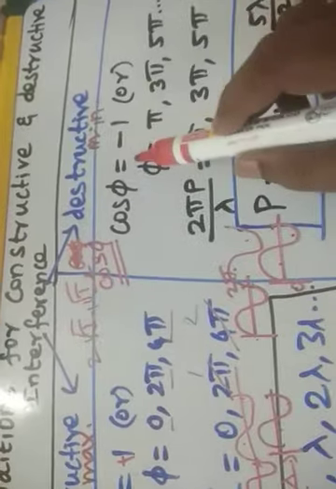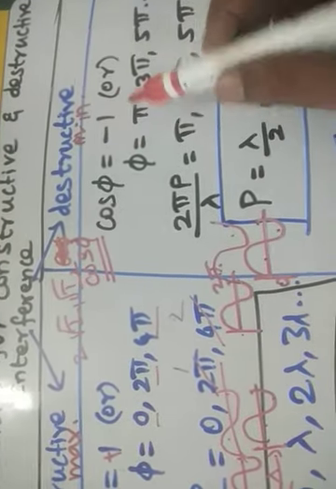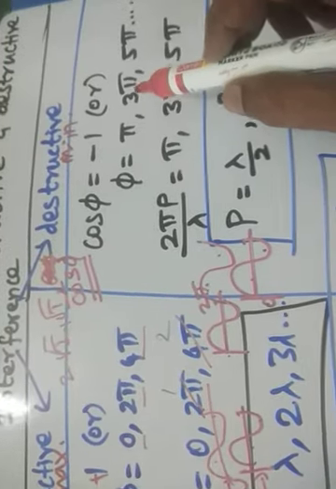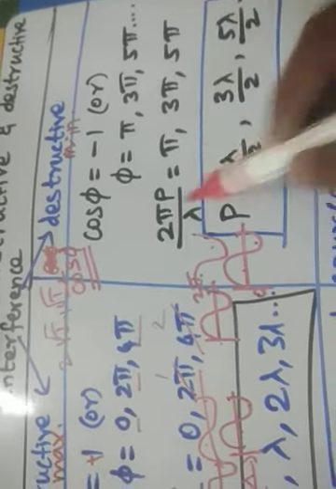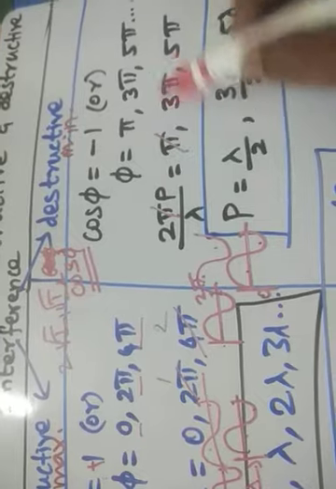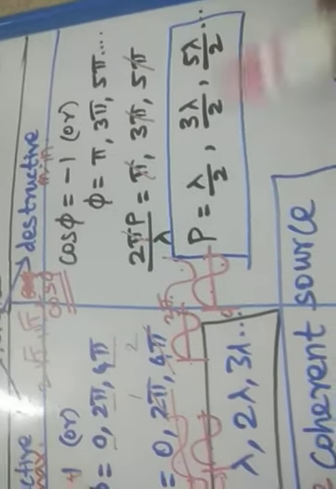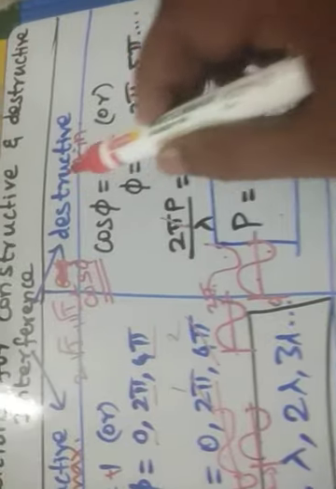Similarly, for destructive interference, the cos term must be minus one, the minimum, so the angle will be 180 degrees, then 3π and 5π. The π and all get cancelled. Finally, we get p equal to λ by 2, then 3λ by 2, 5λ by 2, etc. This is the path difference for destructive interference.